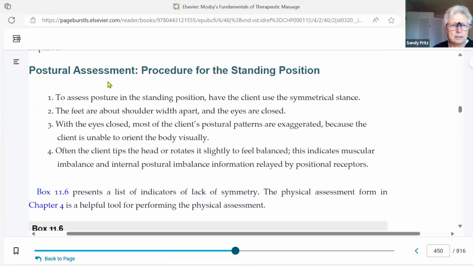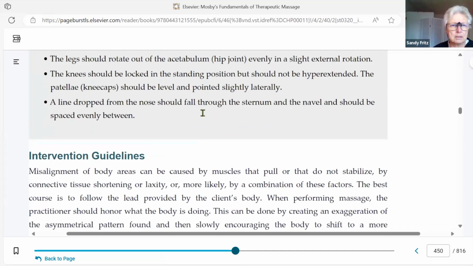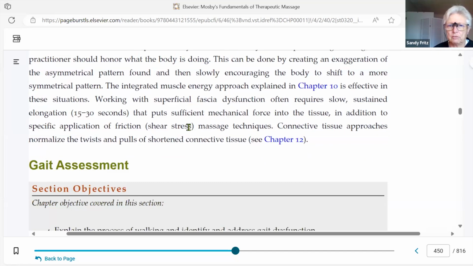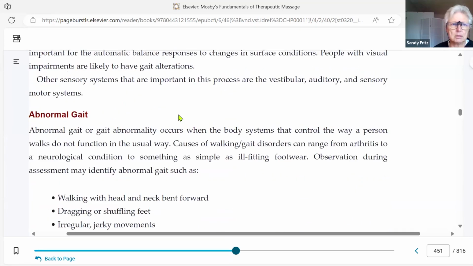And then here you go with some procedural guidance. And then intervention guidelines. What do you do if you see something that is an indication for and able to adapt? And we have the same thing with gait.